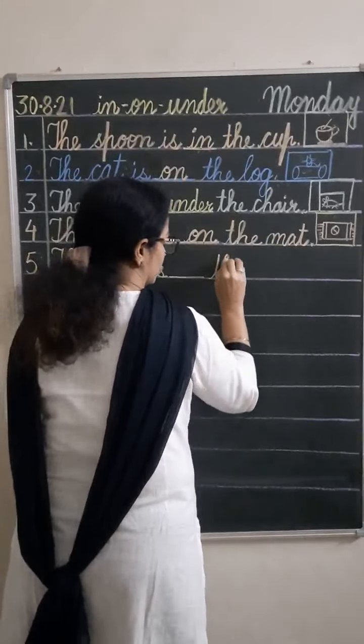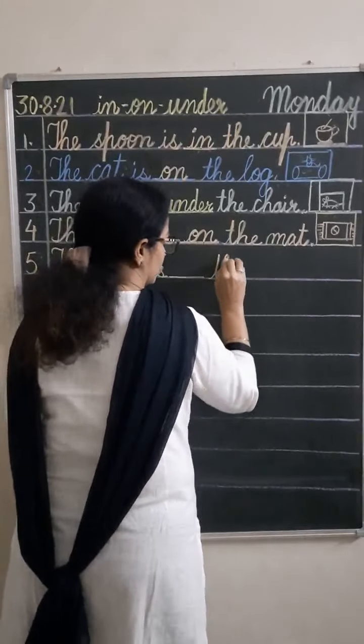Okay, beta. The next one is number 6, here write down number 6. Yes, capital T, small h, small e. The paper, P-A-P-E-R.